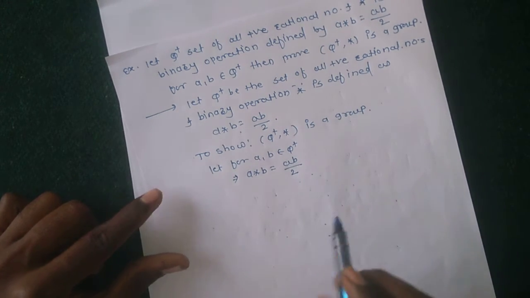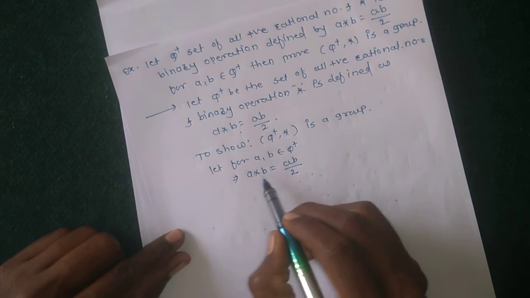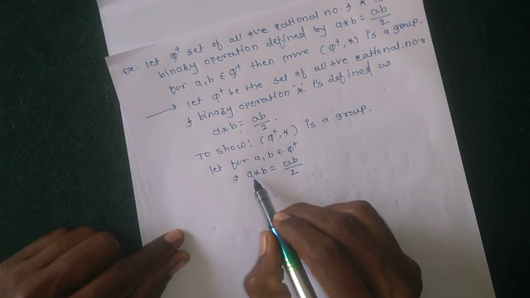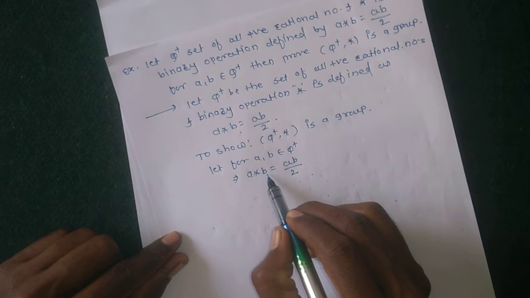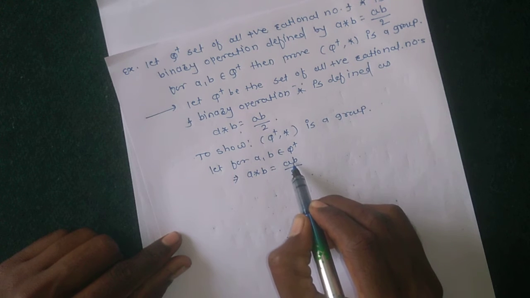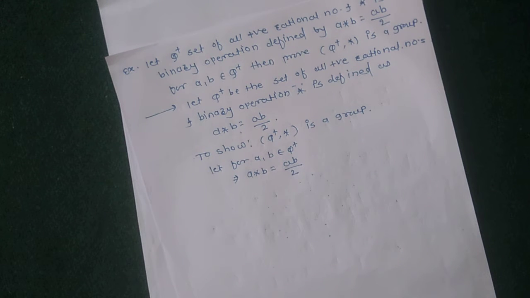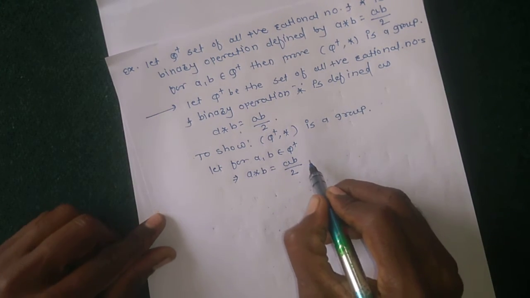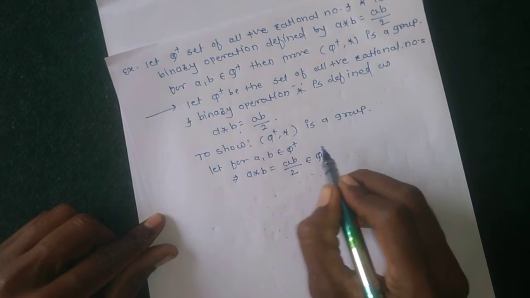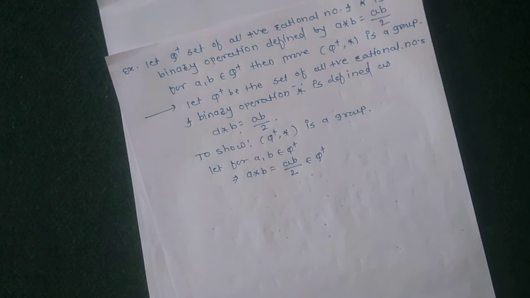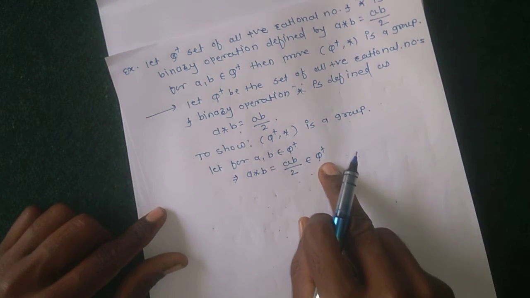Here a and b are positive rational numbers, and their multiplication is also a positive rational number, and any positive rational number divided by 2 is also a positive rational number. Therefore ab by 2 belongs to Q plus.